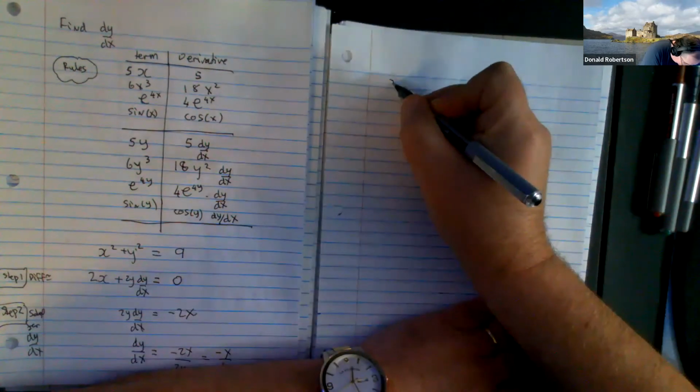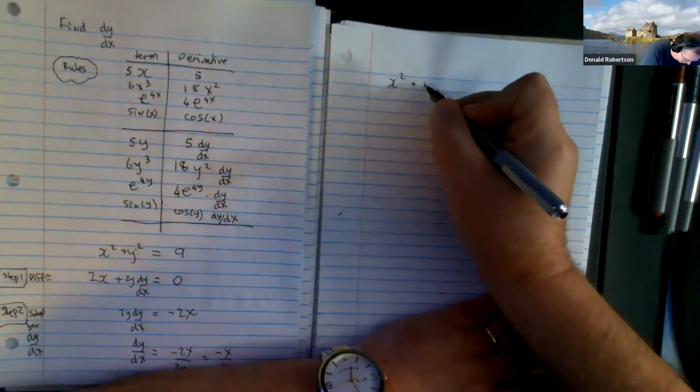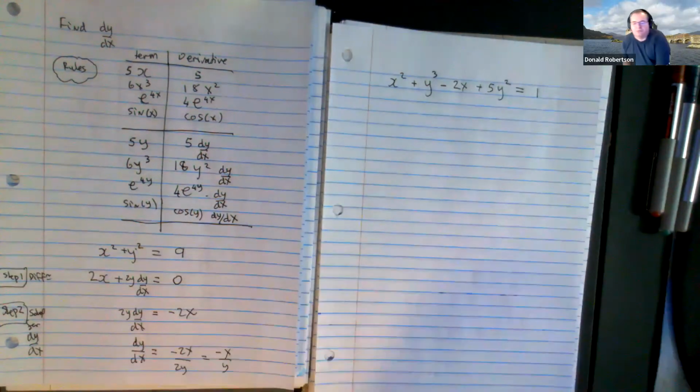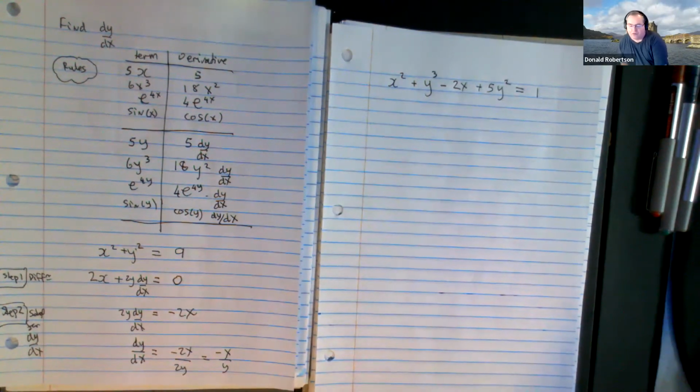Let's suppose I have a curve that's x squared plus y cubed, take away 2x, plus 5y squared, equals 1. That is a really ugly curve, no idea what it looks like, but I can still find its derivative.